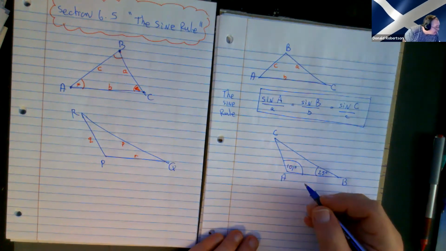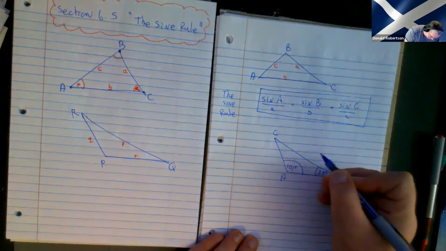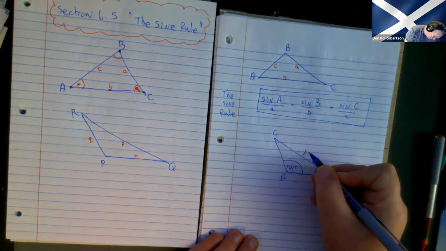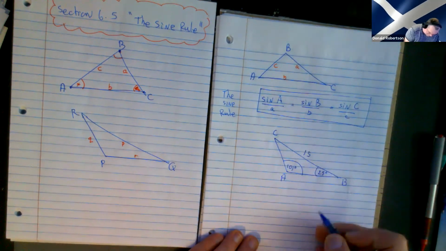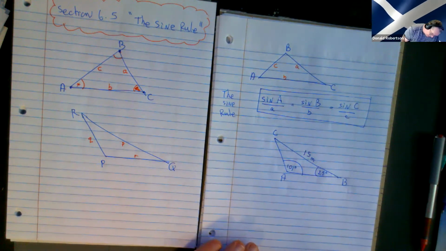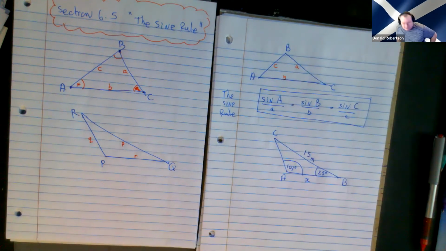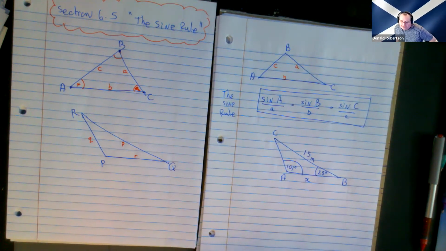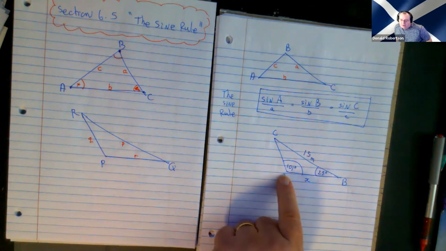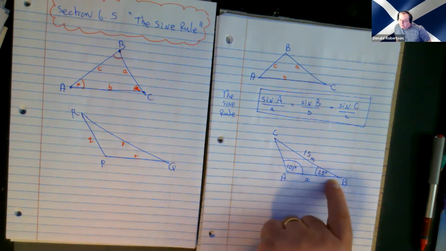And I tell you that this side up here is 15, maybe 15 meters. And I want to know this one here. So the question is, for this triangle, find the length of the side AB.